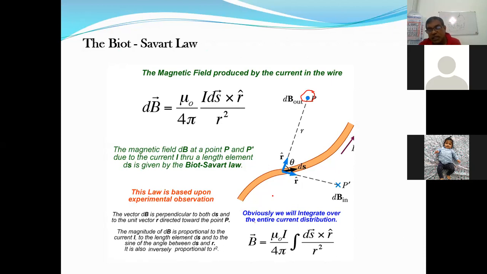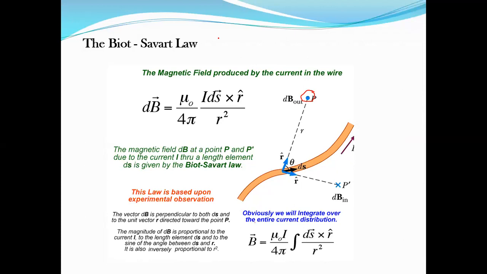Now, if you want to consider the whole line, surface, whole area or whole object, then we have to integrate from one point to the other. Any clarification about this? Anybody wants more details about this?